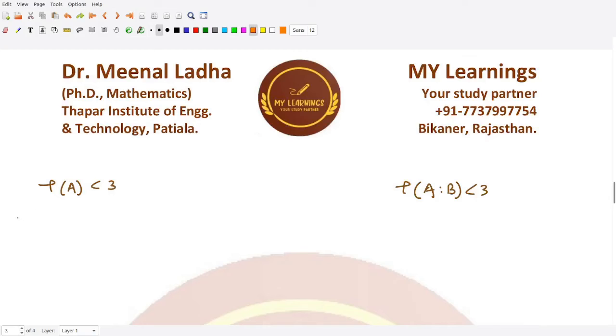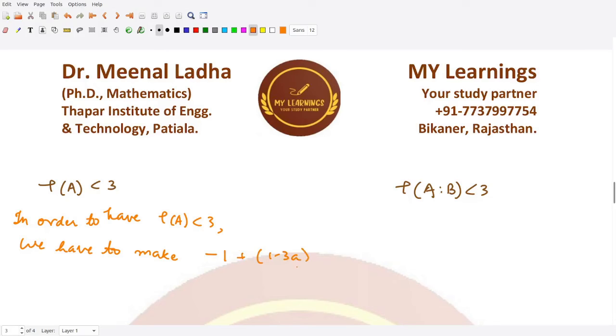So in order to have rank of A less than 3, we have to make the element minus 1 plus 1 minus 3A divided by 4 minus 2A equal to 0, right?